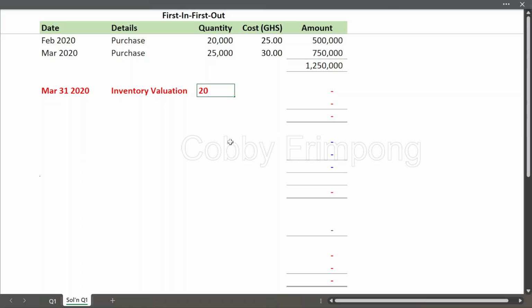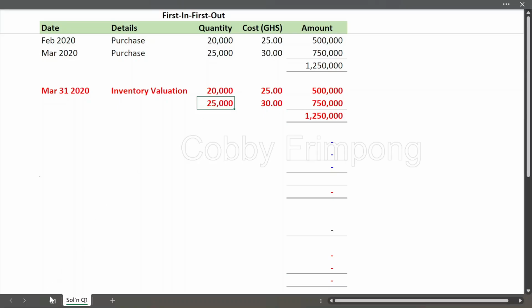So we have 20,000 units at 25, and then 25,000 units at 30. This is how our valuation will be done at the end of the first quarter. We'll set them out this way so that when there's a sales transaction, we will know what to sell first. So we are first going to sell all of this before we sell what we bought at 30 Ghana cedis each.